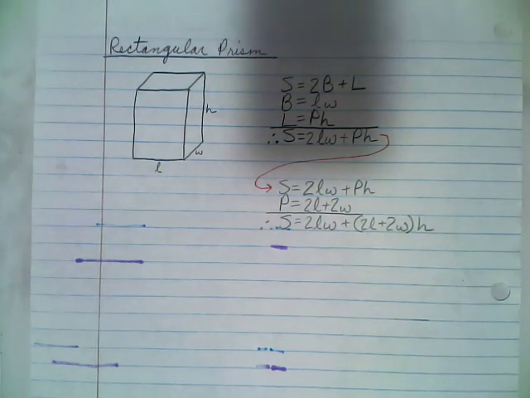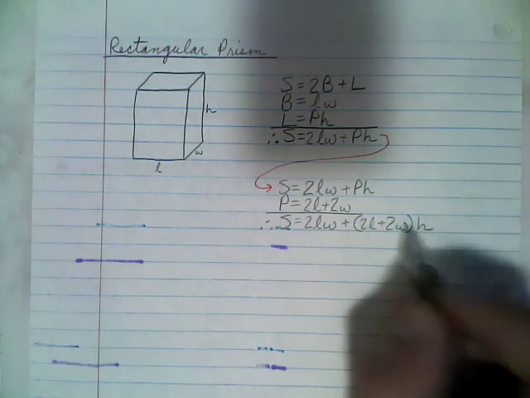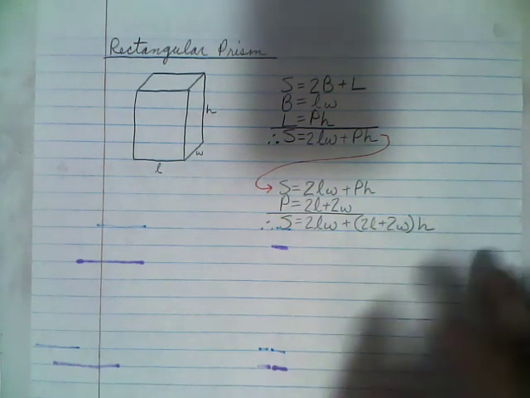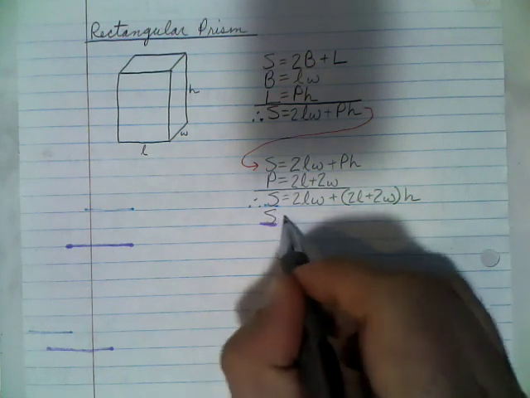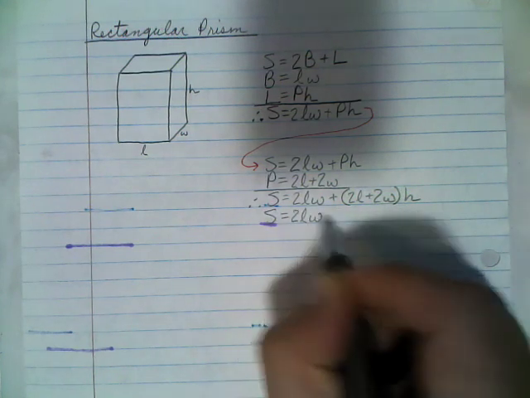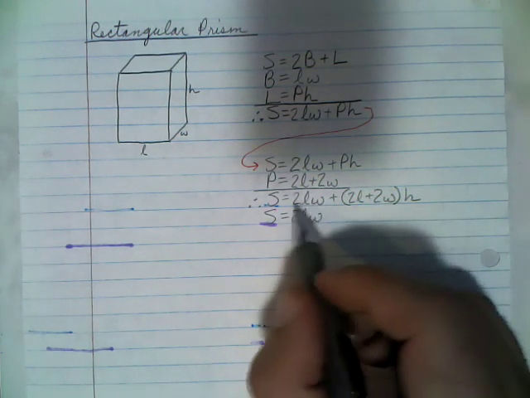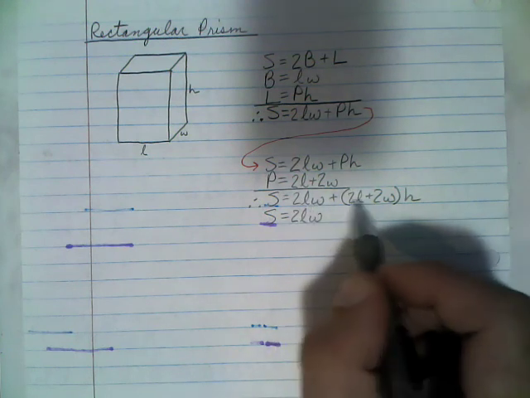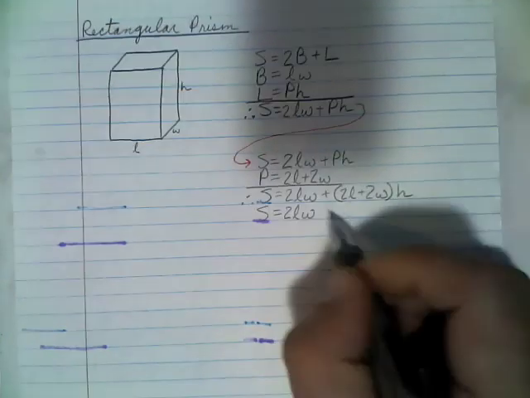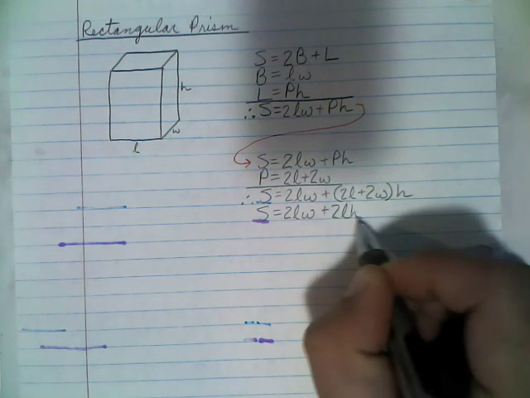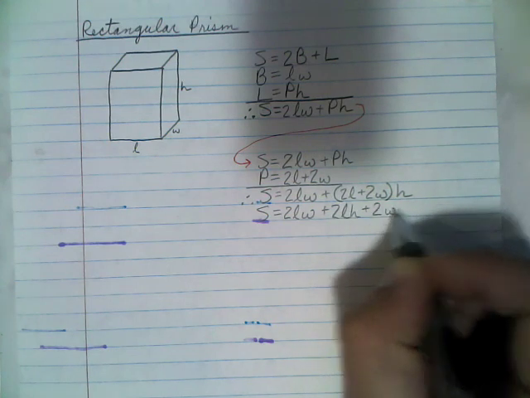And we can simplify this a little bit more by distributing the H into this quantity inside the parentheses. 2LW is not inside the parentheses, so it's not going to be multiplied with H. However, 2L and 2W will be multiplied with H. So I'll get a 2LH plus a 2WH.